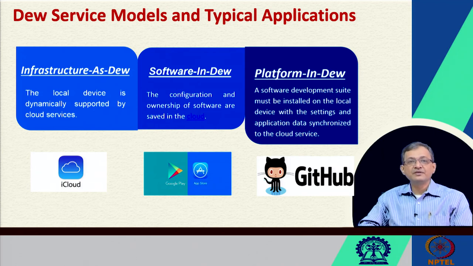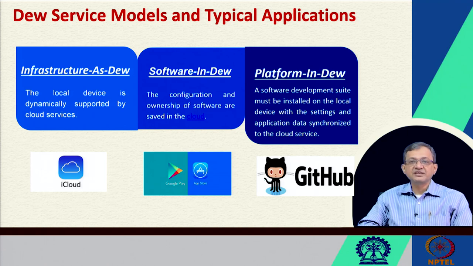Software in dew, right, the configuration and ownership of the software are saved in that particular platform. So, that is saved in the cloud, and typical examples are your Google Play Store or App Store.